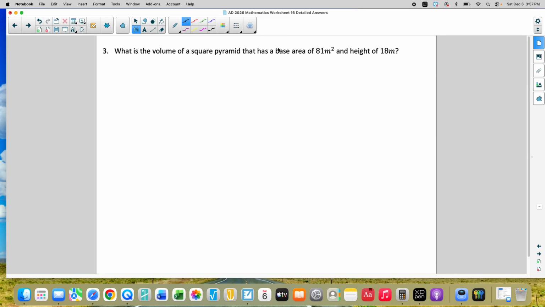What is the volume of a square pyramid that has a base of 81 meters squared and a height? A square pyramid. This isn't even this problem. Square pyramids, we just had this problem.